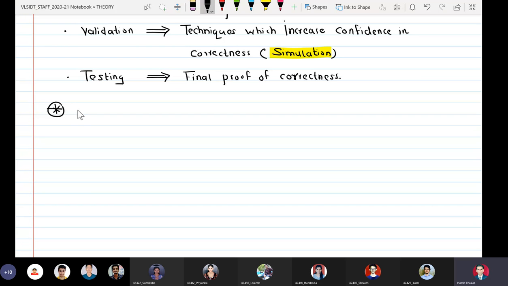So we will define it now. DFT, design for testability.